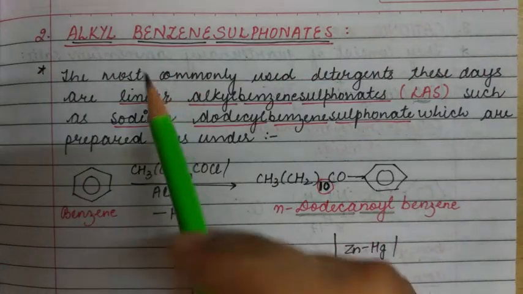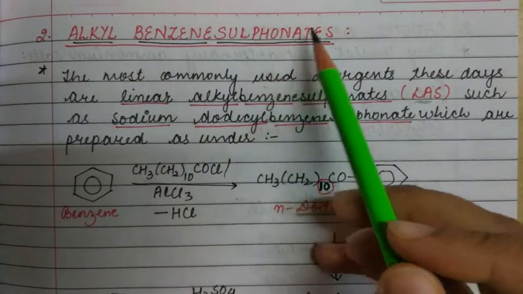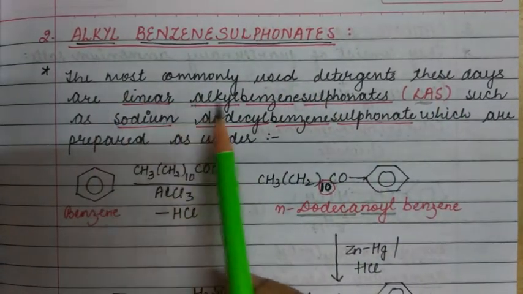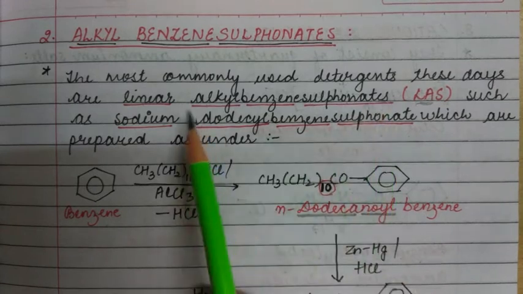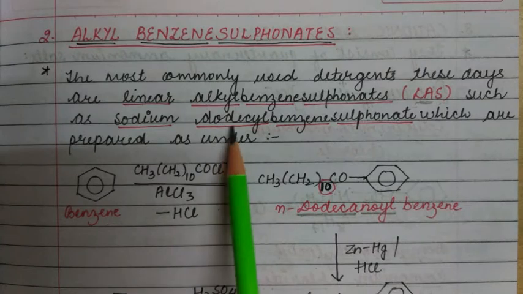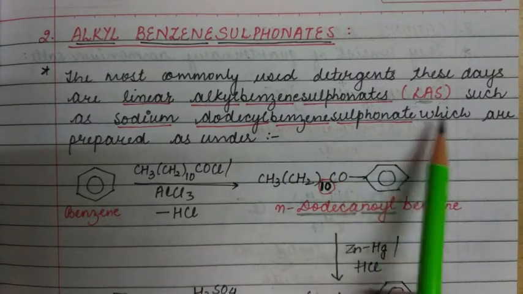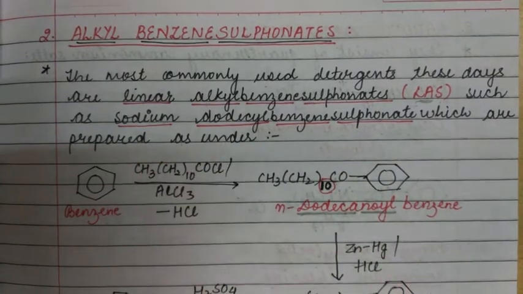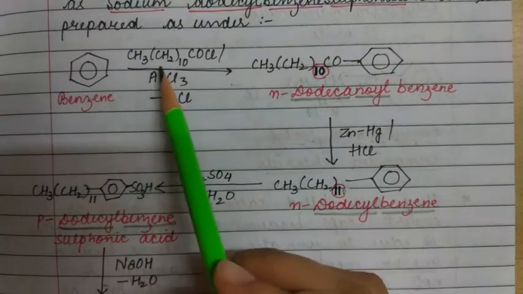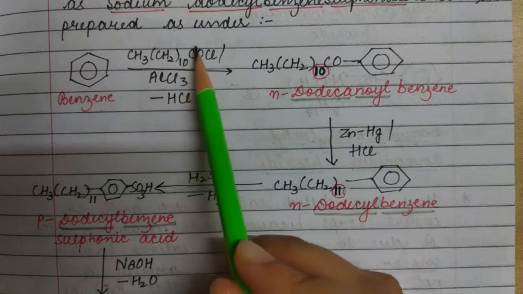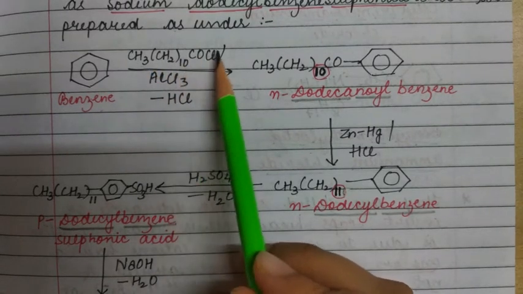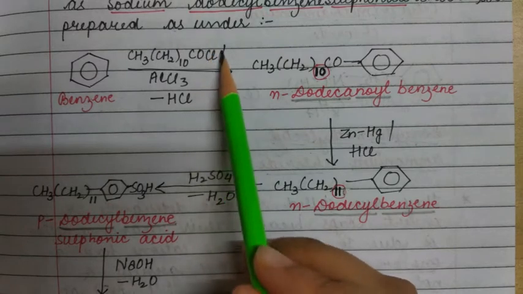The second is alkyl benzene sulfonate. The most commonly used detergents these days are linear alkyl benzene sulfonates, LAS in short form, such as sodium dodecyl benzene sulfonate, which are prepared as under. Benzene, we add CH3CH2 10 times COCl, that is 12 carbon atoms, a carbonyl group and chlorine.